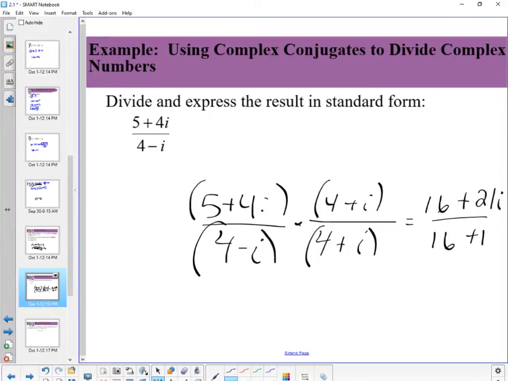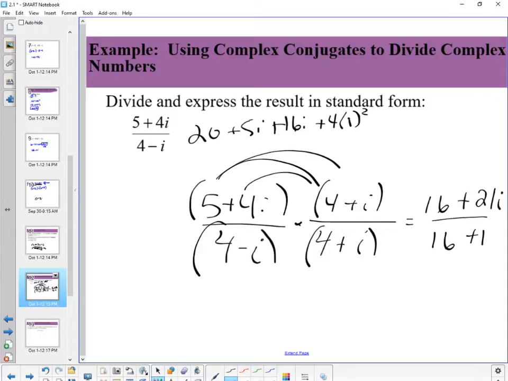That's 20. That's positive 5i. That is a 16i. And this would be positive 4i squared, which makes it 4 times negative 1. So 20 minus 4 is 16. And then 5 and 16 is 21.